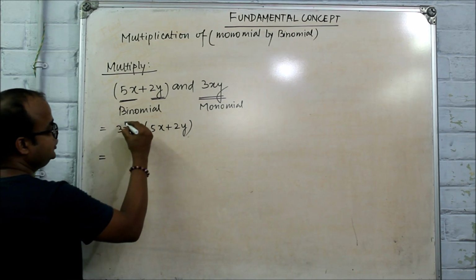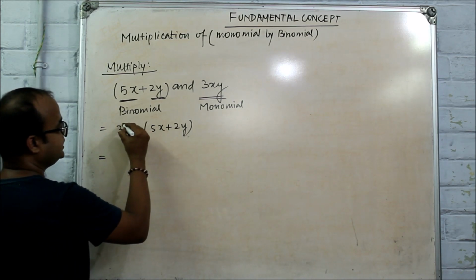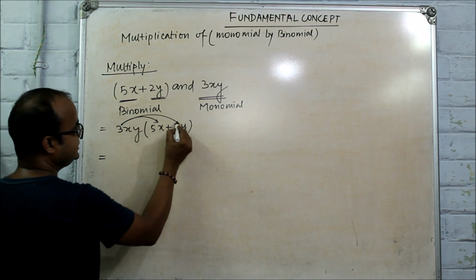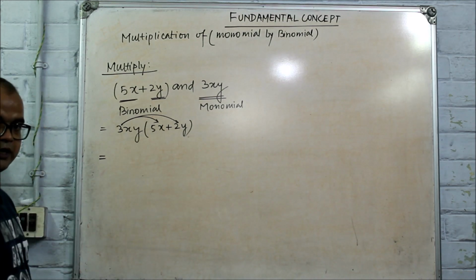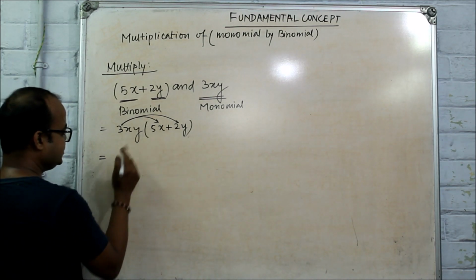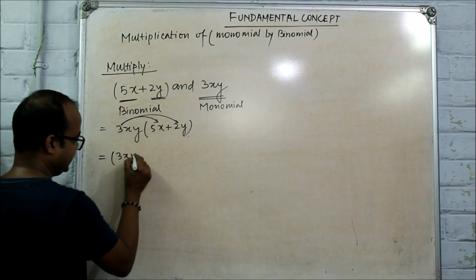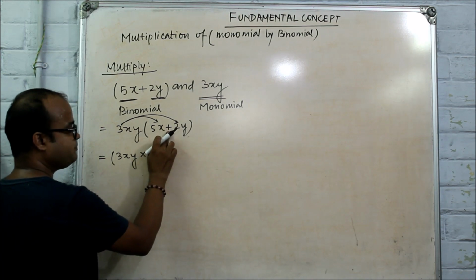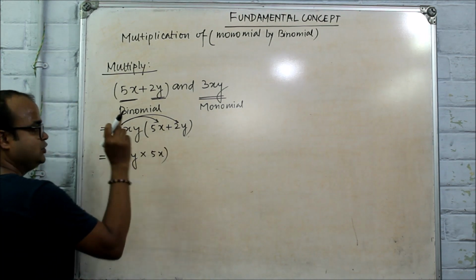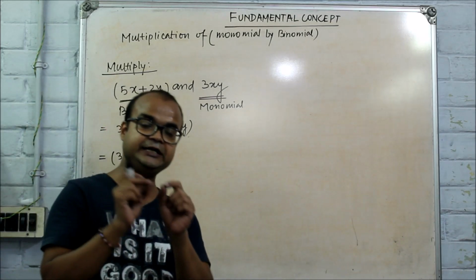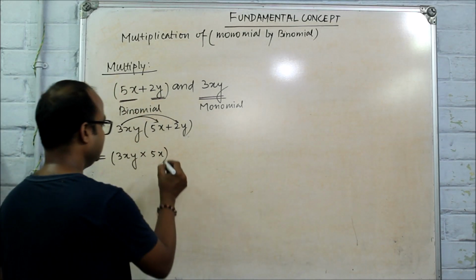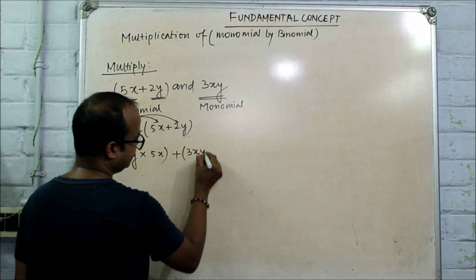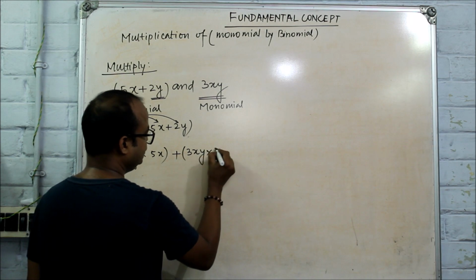So now you need to multiply this 3xy with 5x, and then you need to multiply 3xy with 2y. Now if I multiply these two terms, this will be equal to 3xy multiplied by 5x. In between sign is plus, outside sign is plus. So you know the sign convention, plus into plus is equal to plus. So plus 3xy into 2y.